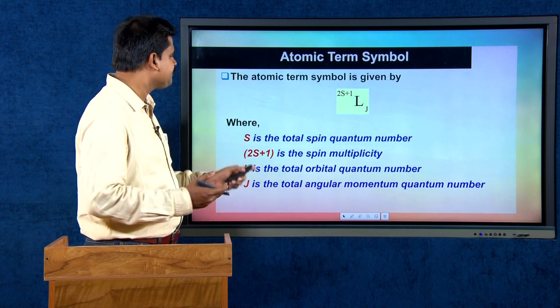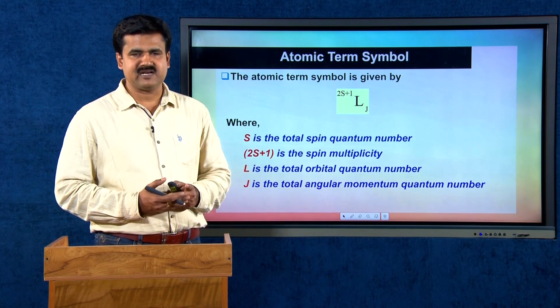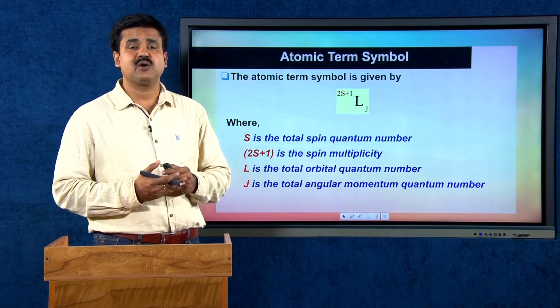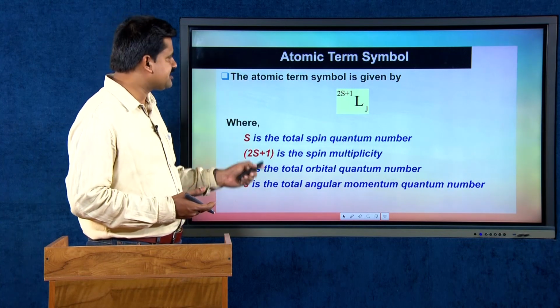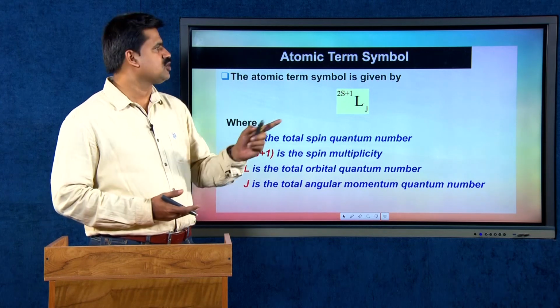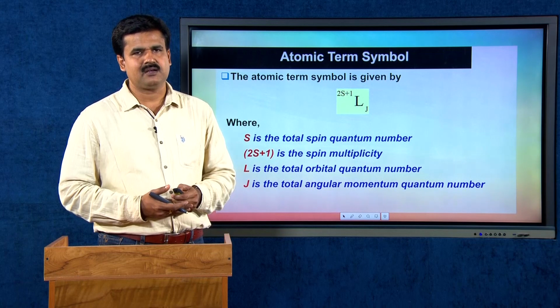And finally J is called total angular momentum quantum number. It consists of spin as well as orbital angular momentum components. So, these are the notations used in this expression. By using this expression, we can compute atomic term symbol.